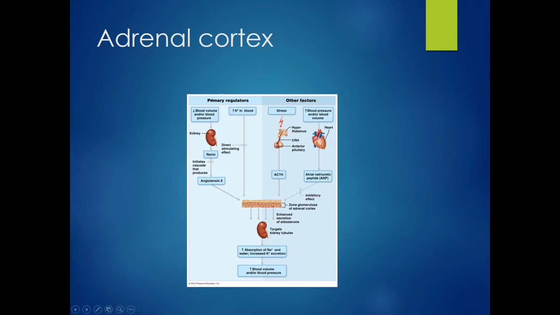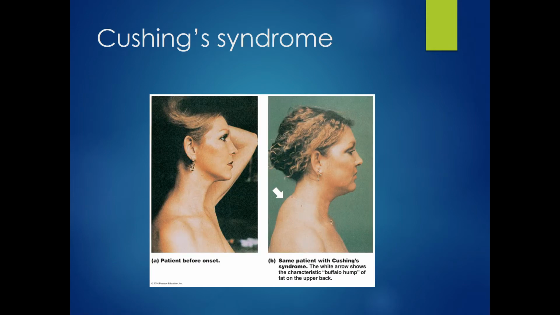And then we reabsorb sodium and excrete potassium, and then our blood volume and pressure go up, and now I have dealt with that chronic stress of low blood pressure.